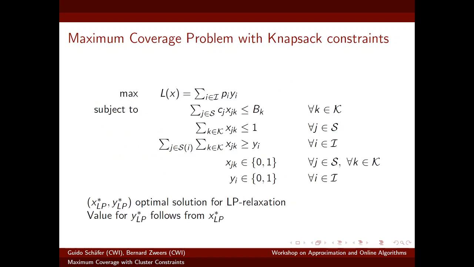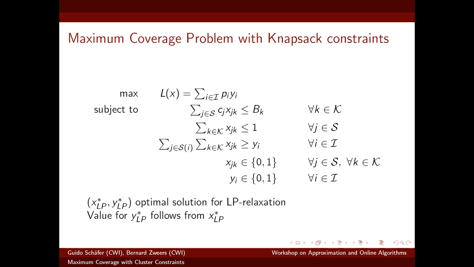Well, the LP formulation is given here, and it's basically the same as we've seen before, but now we have the yi variable, which indicates whether an item is covered, and the xjk variable says whether a set is assigned to knapsack k. We use x star LP and y star LP to denote an optimal solution for the LP relaxation.